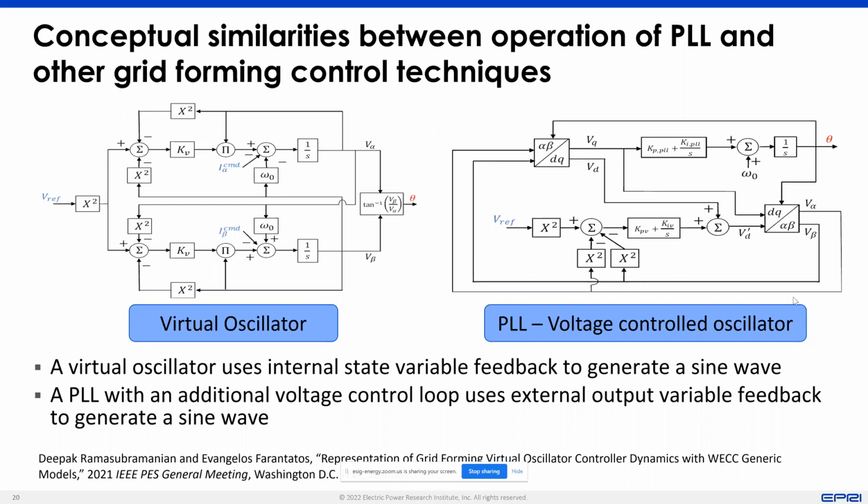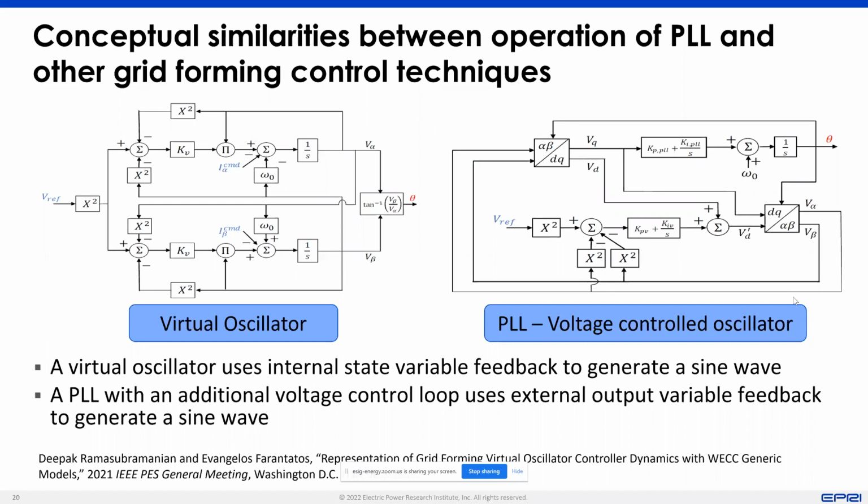But fundamentally, recognize that embedded in a lot of the other grid forming control topologies is a voltage controller. If we take that principle, and this is only from voltage, you can also have a frequency droop controller added onto it and so on, which we'll show later on.